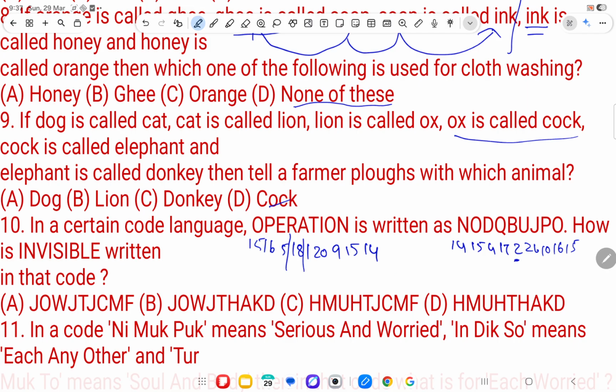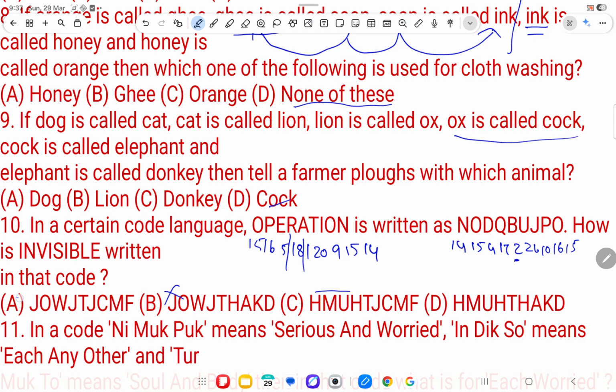Okay, everything is plus 1 only. So first four letters and the last five letters. Invisible: first minus 1, minus 1, minus 1, minus 1. I minus 1, H. Then M, U, H. H, M, U, H are repeated.